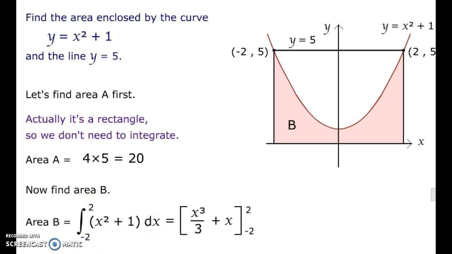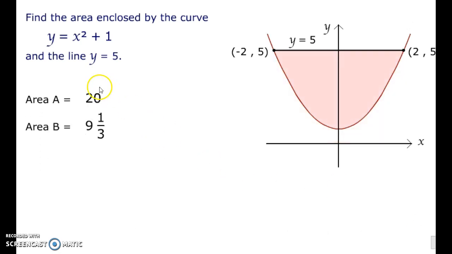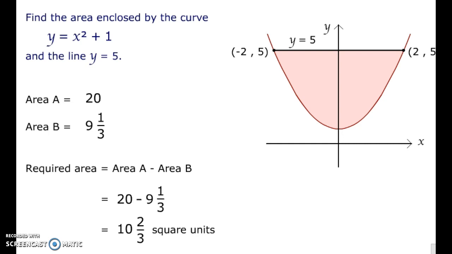You integrate using the power rule and apply the limits, and you get 9 and 1/3, approximately 9 square units. If the answer is not clear here, don't worry, you can work it out. The area is 20 and we need to subtract 9 and 1/3. That's the required area. You can work out this is 10 and 2/3.